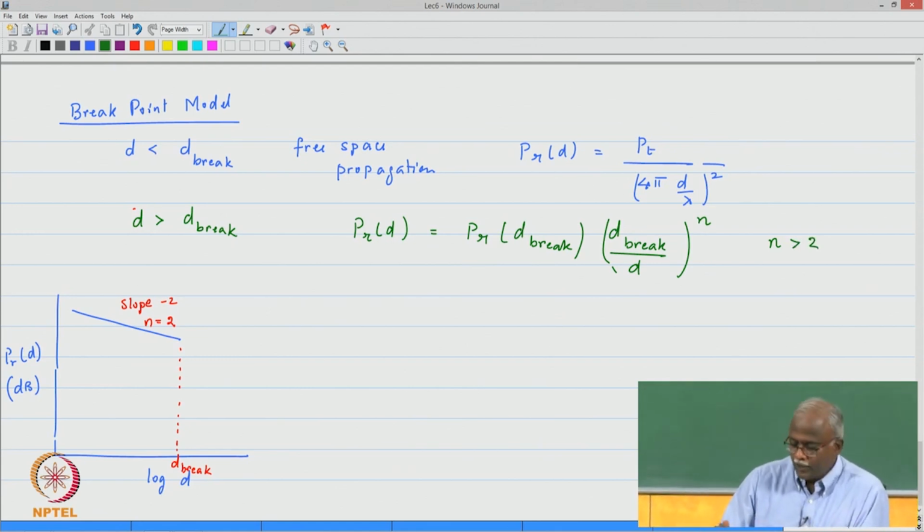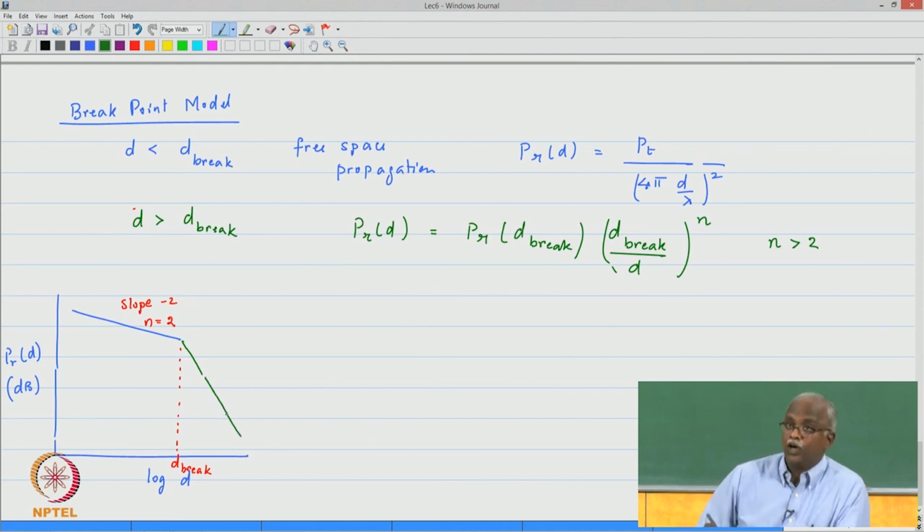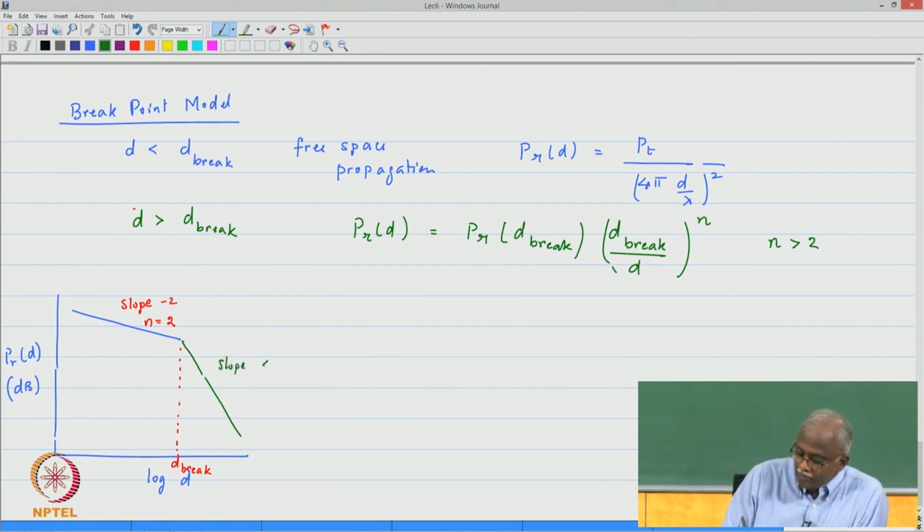Now, let us make a quick check to see if this is working. If n had been equal to 2, then we would still have the same expression as free space propagation. However, when you have a path loss exponent greater than 2 beyond d break, the received signal power decays much faster. So, here we have a slope that is more negative than -2, or a path loss exponent that is greater than 2.